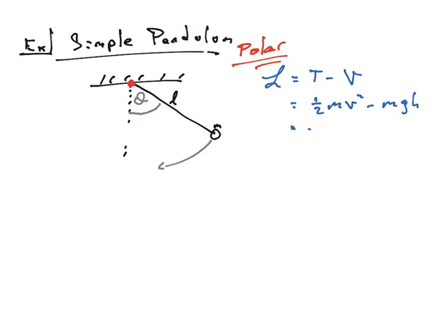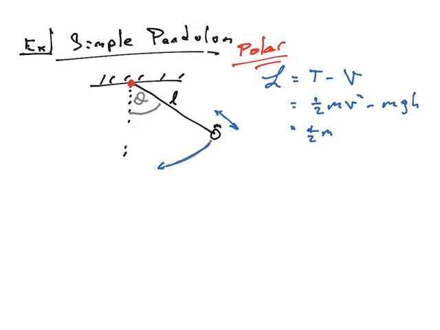All right, so in polar coordinates, we have 1/2 m. What is our velocity in polar coordinates? Well, again, I'm not moving in the radial direction. That is to say, I'm not moving back and forth this way. However, I am moving back and forth this way, and that's the theta direction.